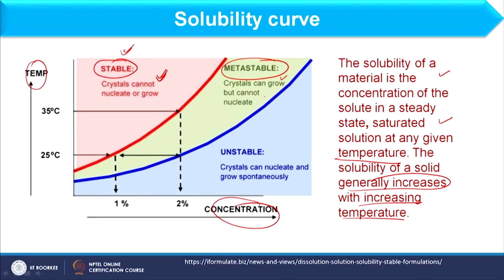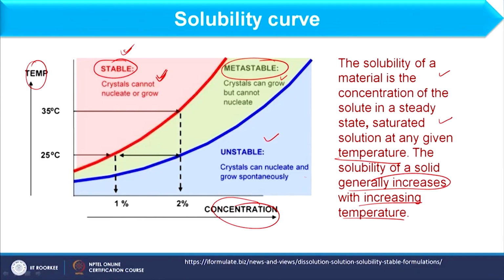It means crystals are formed randomly. Nucleation means first tiny crystals will be formed, and then solute will be deposited over them. So, in the metastable state we do not have any nucleation. And next I am having the unstable condition where crystals can nucleate and grow spontaneously.